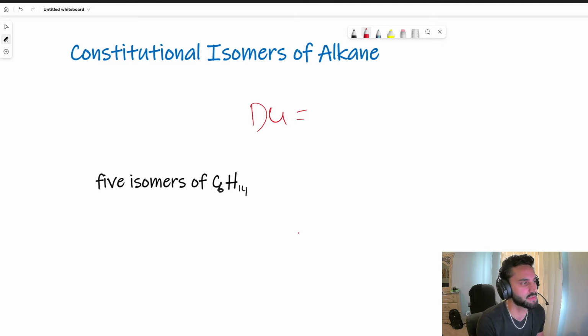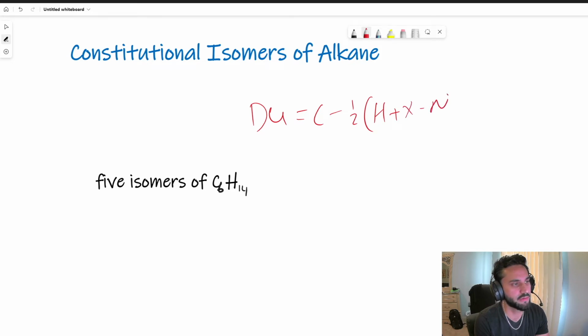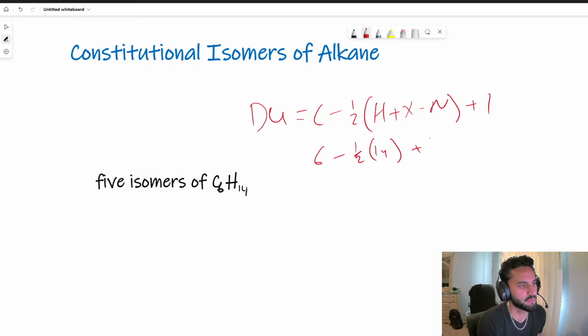There's an equation that says DU equals number of carbons minus 1/2 of the number of hydrogens plus number of halogens minus nitrogen, plus 1. We have no halogens or nitrogens here, so I would write 6 minus 1/2 of 14 hydrogens, plus 1. Here we get 6 minus 7 plus 1, which gives us 0.